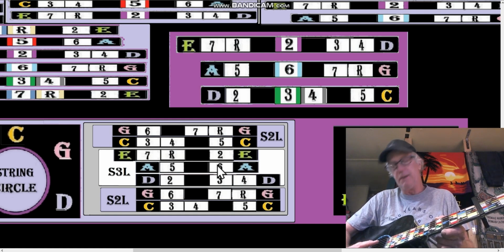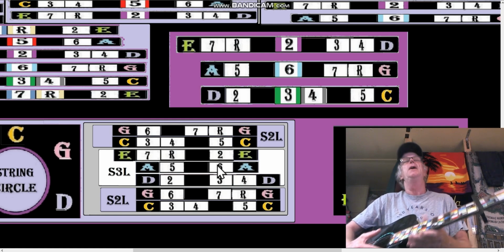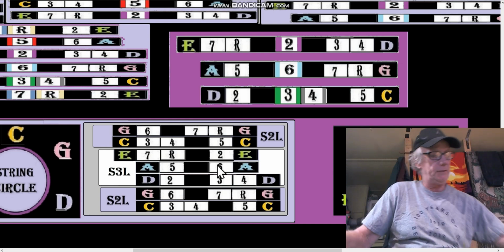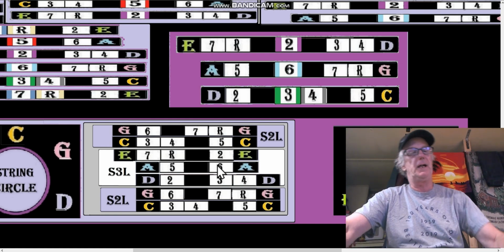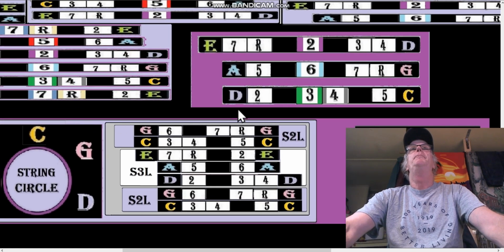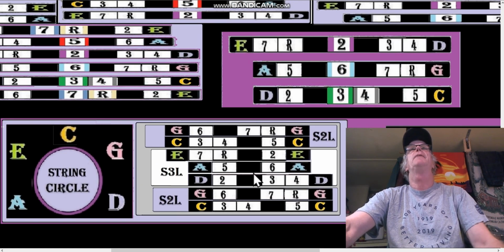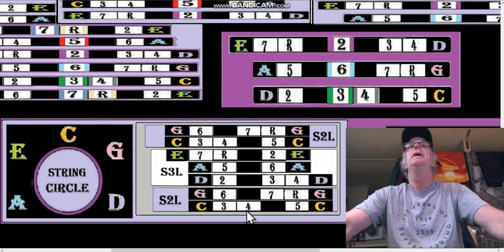Fifth of G is D, fifth of D is A, fifth of A is back to E again. So it took a little while for me to figure out which direction I was going to have the string circle going in.